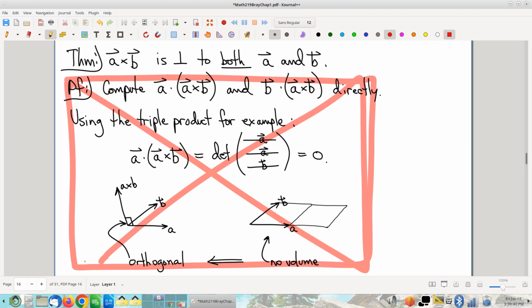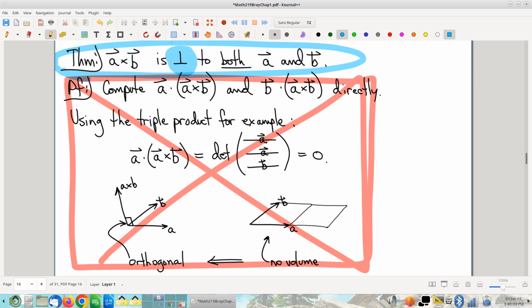Okay. So what you are responsible for, of course, are the theorems themselves. So, for example, this one, arguably the first thing to say about cross products, why we care about cross products. Cross products are always orthogonal to the input vectors. A cross B is always orthogonal to both A and B. Neat trick.